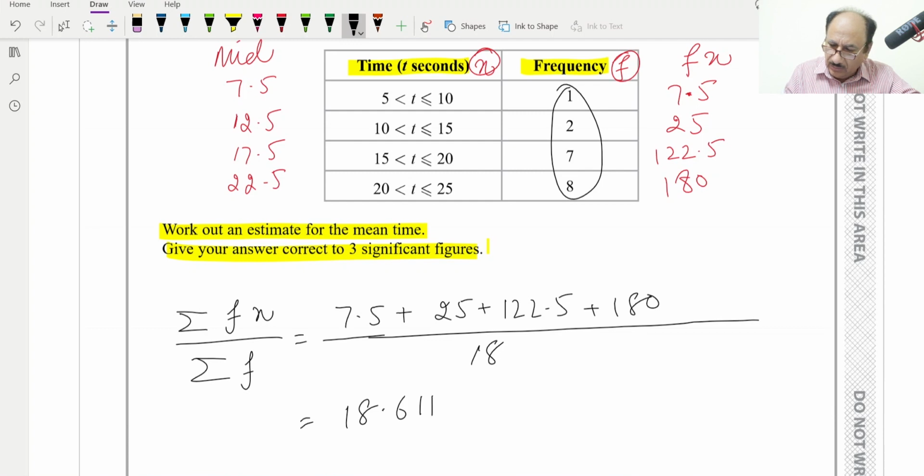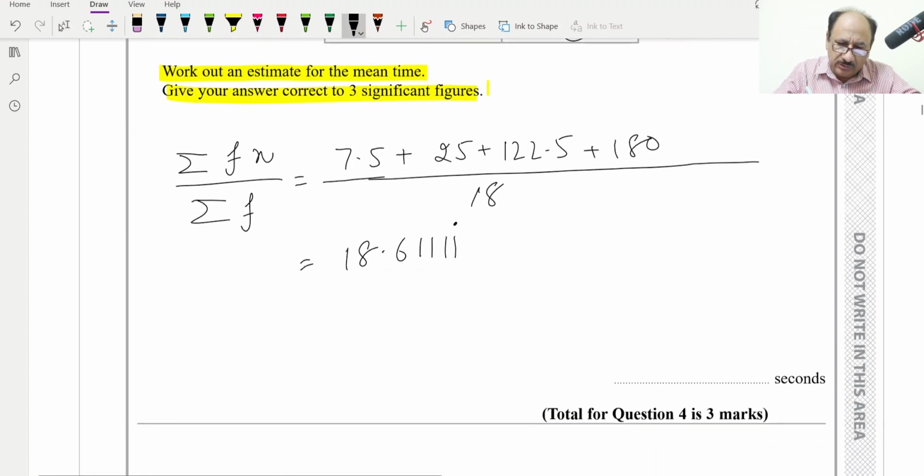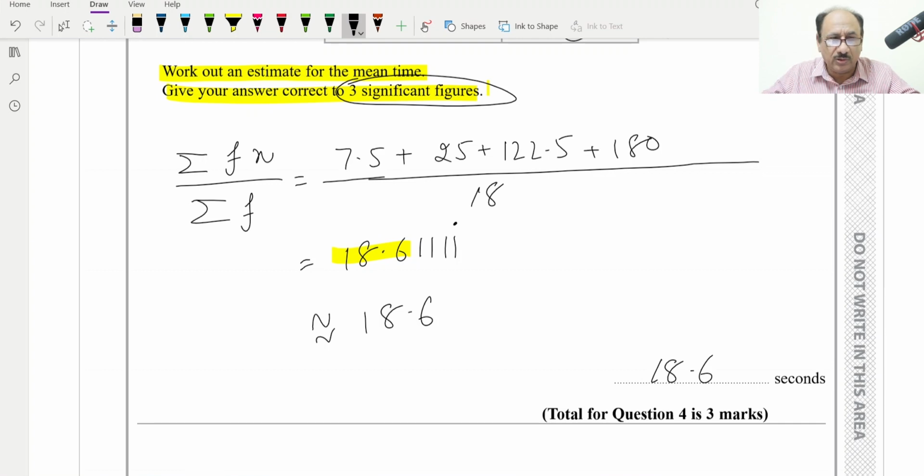It's recurring, so we can show it like this, and you can even show the recurring portion with a dot on it. Now we have to give the answer in 3 significant figures. So 3 significant figures will be up to this point, and we can write this as 18.6, so our answer will be 18.6 over here.